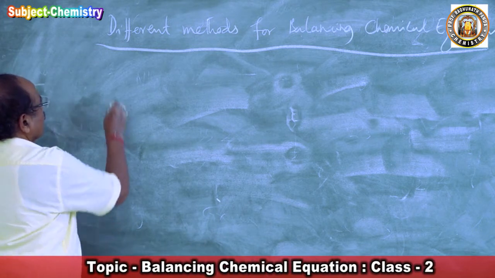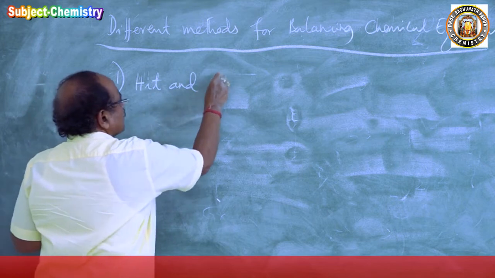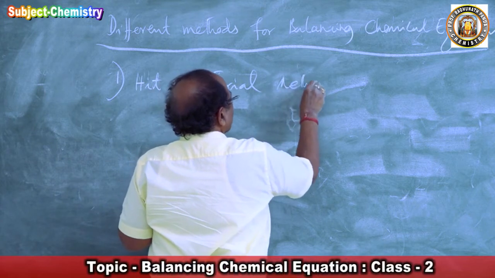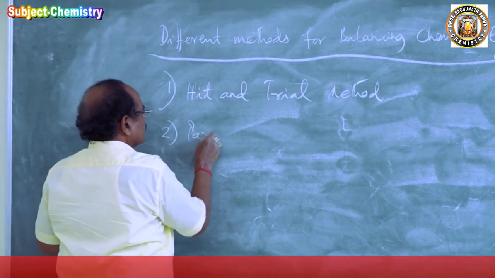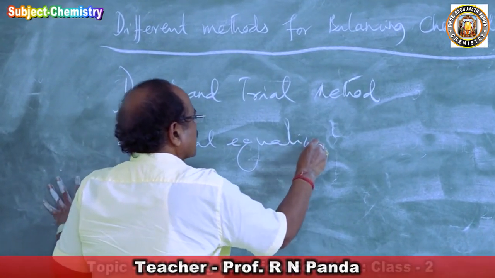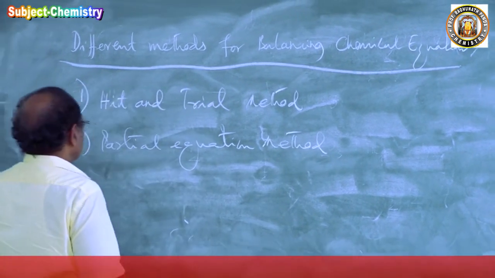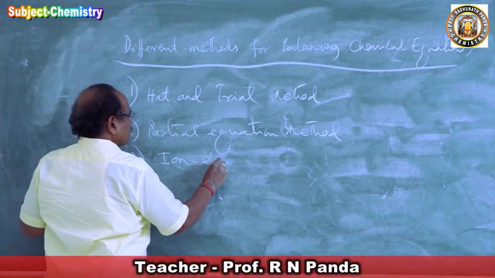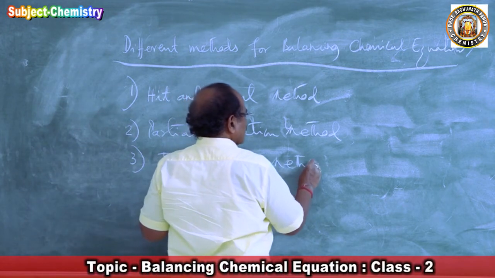So what are they? The first method is called hit and trial method. The second method is the partial equation method. The third is the ion electron method of balancing chemical equations.